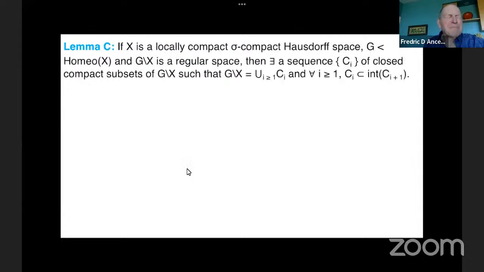And then if you want to create proper gauge structures that are G invariant, you need a few observations about the locally compact, sigma compact situation where you have a group of homeomorphisms.